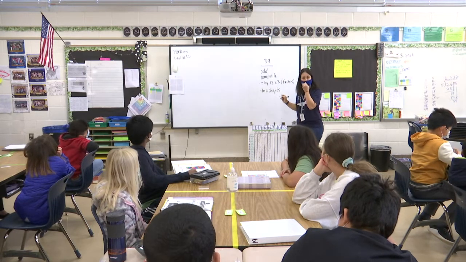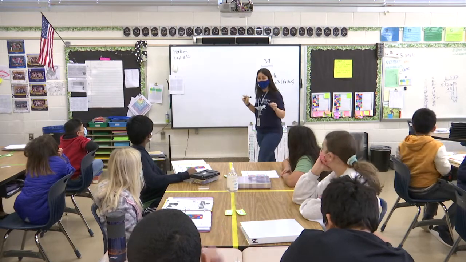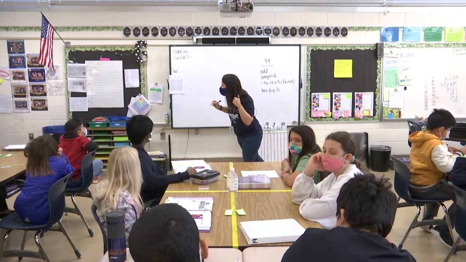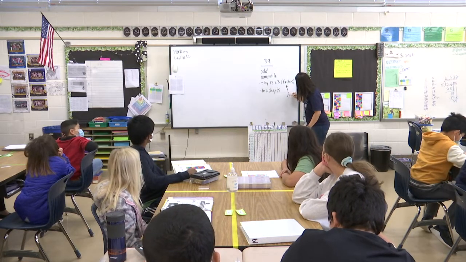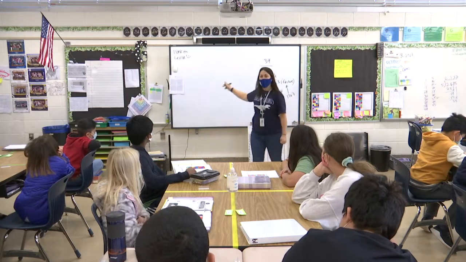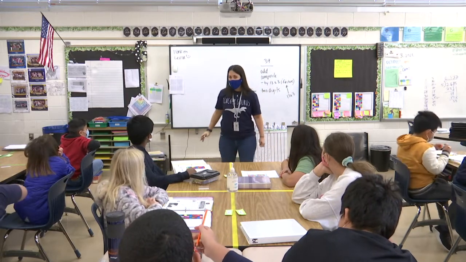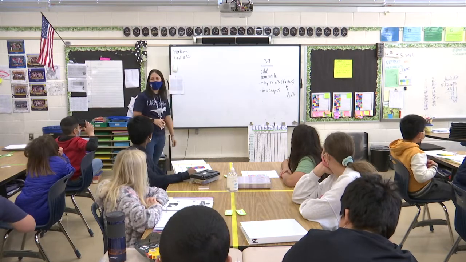What else do we know? Hussein? It can also be multiplied by 13 and 3. Okay, so that's what we talk about with the factors. So 13 times 3 would give us 39. Yeah, because it's multiplication, that works as well.